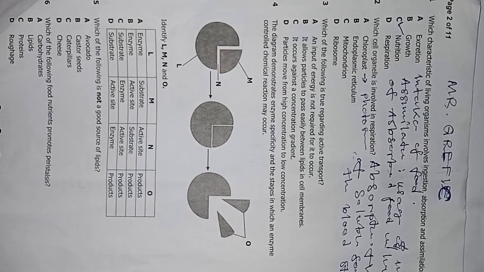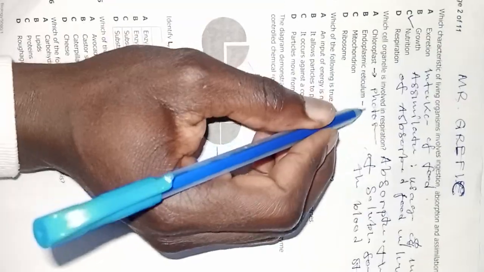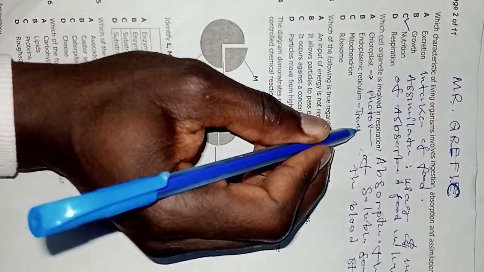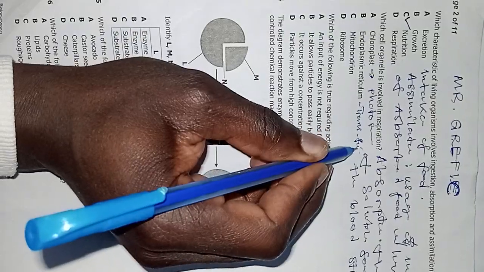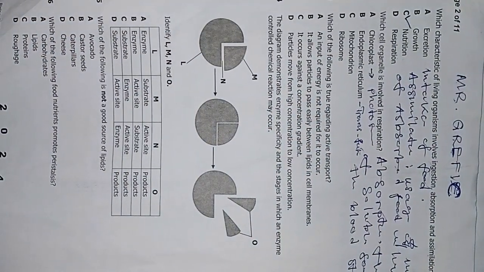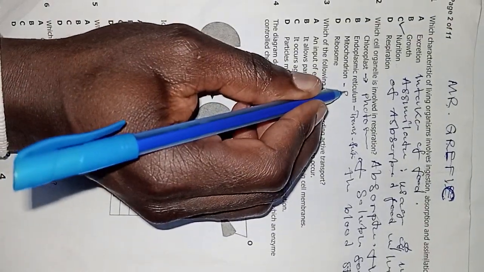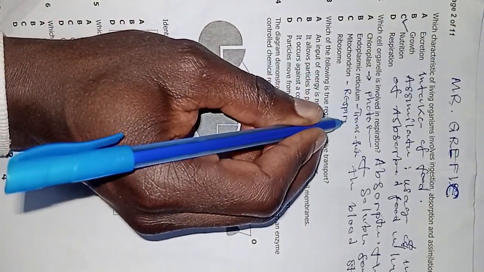We also have what we call endoplasmic reticulum. This is where the transportation of substances occurs. Then we have the mitochondrion. This is where respiration takes place.